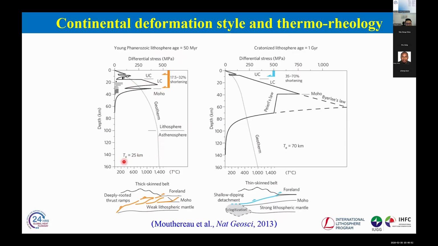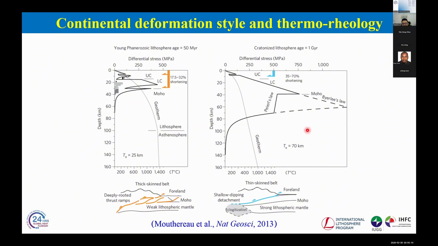For this one, we can see the effective elastic thickness of the lithosphere is 25 kilometers. The deformation is a thick-skinned belt, which means the crustal shortening is quite large, and the basement is also involved.